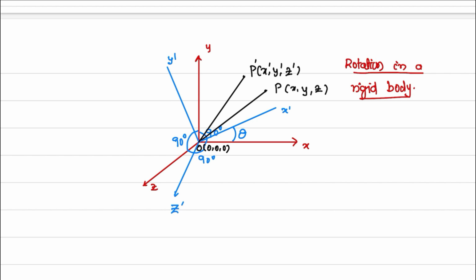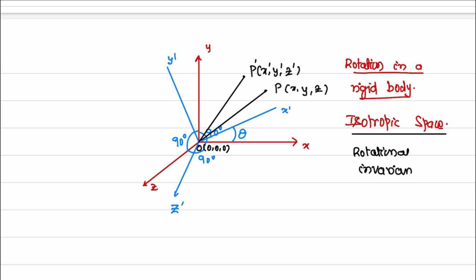This is isotropic space. These words are important. Questions may come on these words. In isotropic spaces, there is a rotational invariance. I have already explained what invariance is. It is rotational invariance.